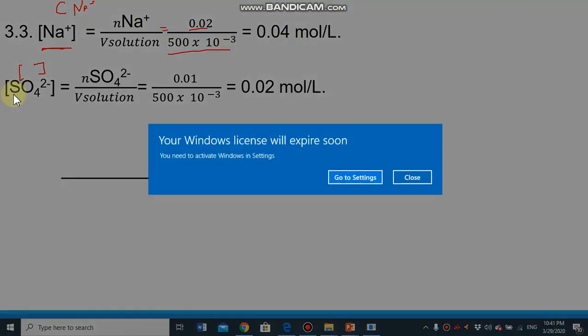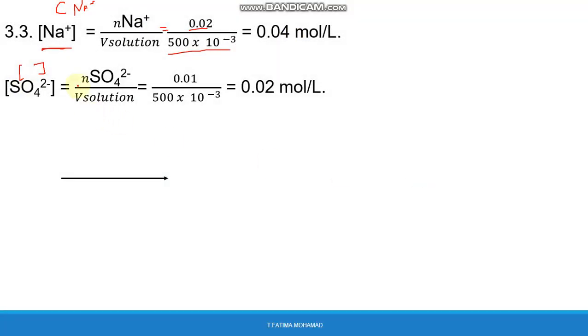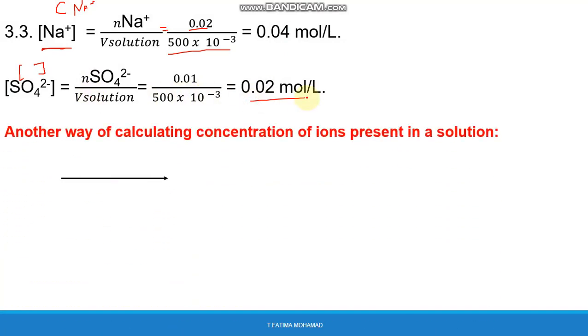And with respect to SO4 2-, n over V, so 0.01 mol over the same volume. Now we have another way of calculating the concentration of ions present in a solution if we don't have the number of moles, if only we have the concentration of the main ionic compound.